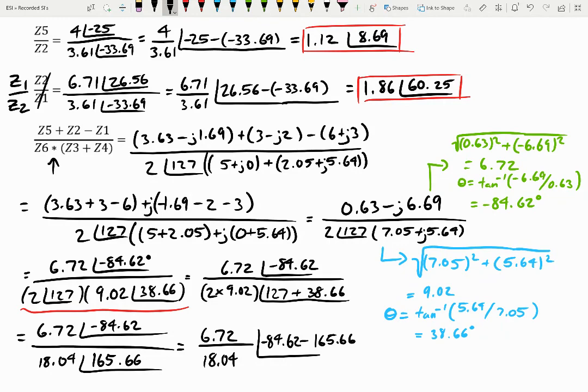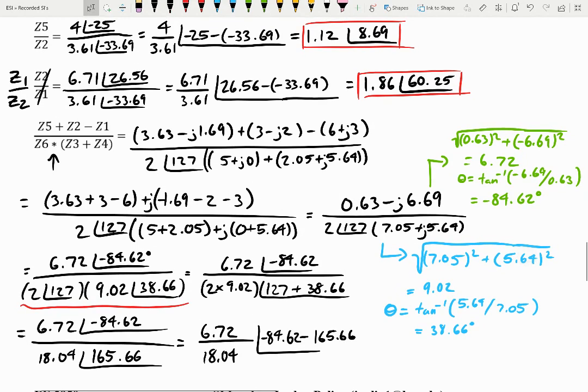So 6.72 divided by 18.04 is 0.37, at an angle of negative 84.62 minus 165.66. And we're at negative 250.28. All right. Looks good, right?